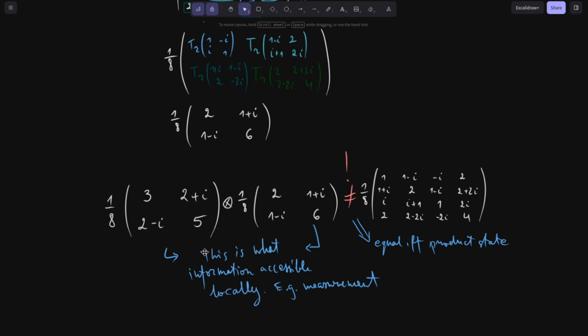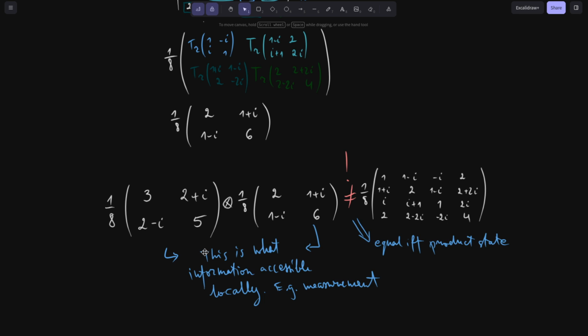For example, we have two qubits, we entangle them, we send one to another galaxy or whatever. So if we measure one of them, we can only extract information from this partial trace.